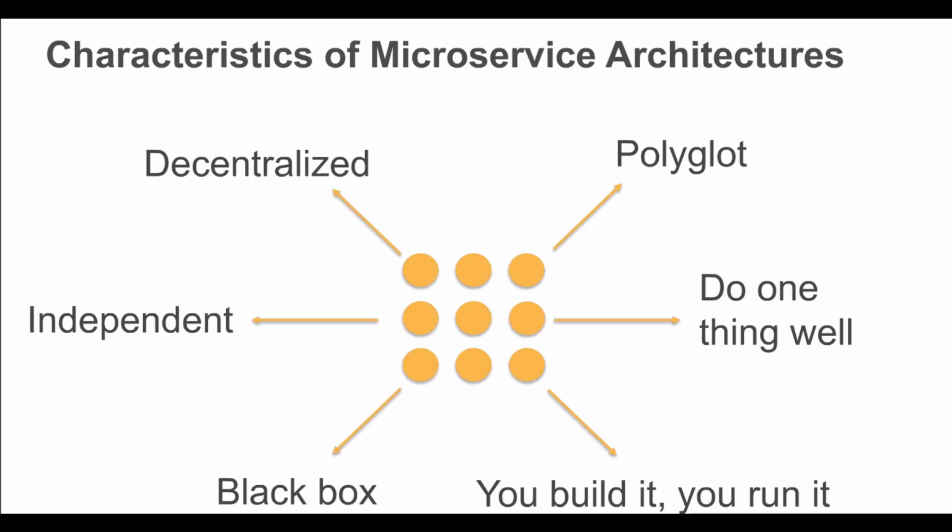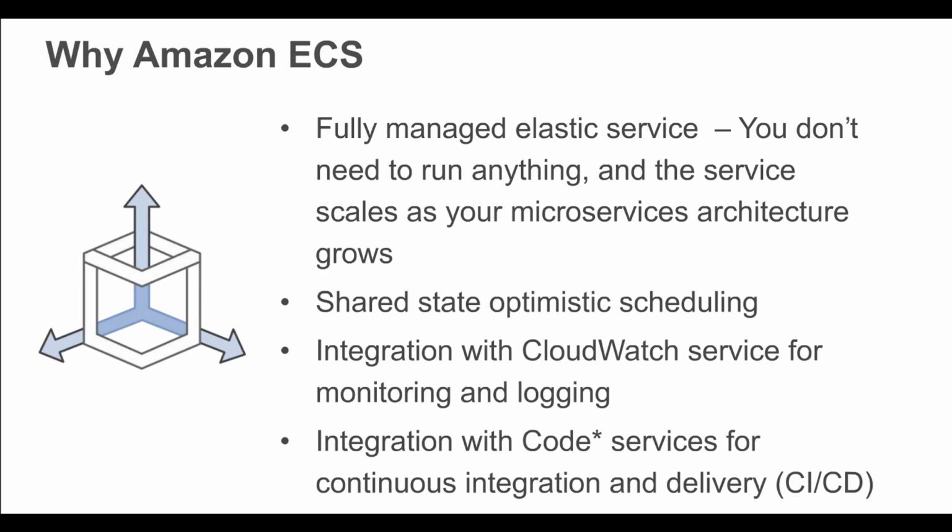They're independent of each other. Dependencies are managed outside of the packages, and they are decentralized. So you can take these microservices and make them geographically distributed and expect the same experience. Finally, you build it and you run it, from a conceptual perspective.